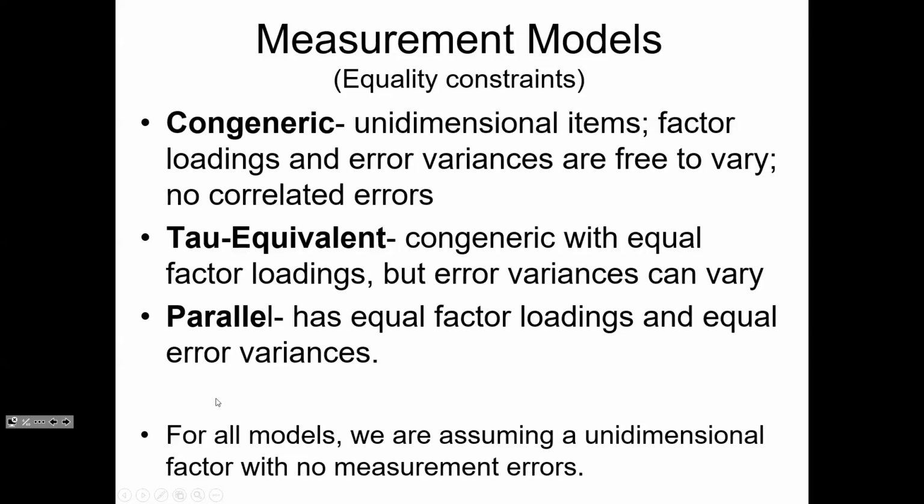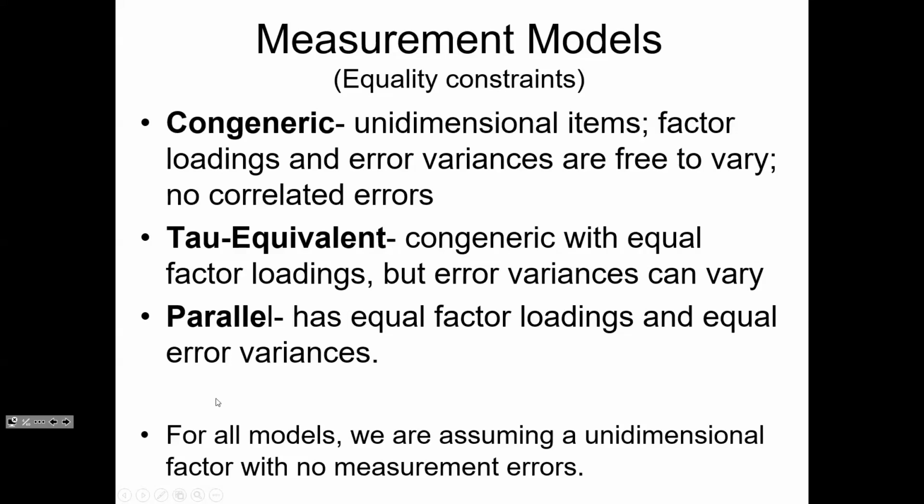So we're going to do this within a factor. If you had multiple factors, you wouldn't constrain the factor loadings to be equal across all the factors. You're going to constrain the factor loadings to be equal within a given factor, right? And we're always just going to be looking at this one factor at a time today. But so we have equal factor loadings, but we don't constrain the error variances to be equal across the items.